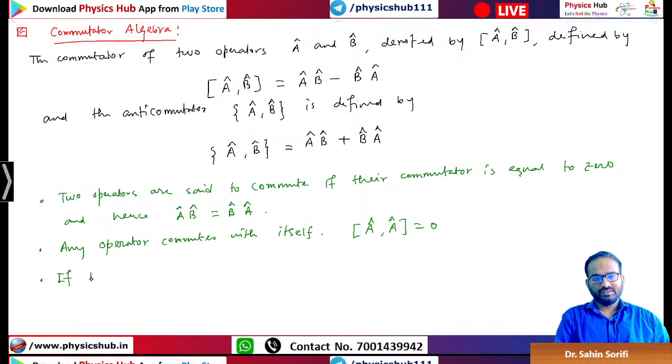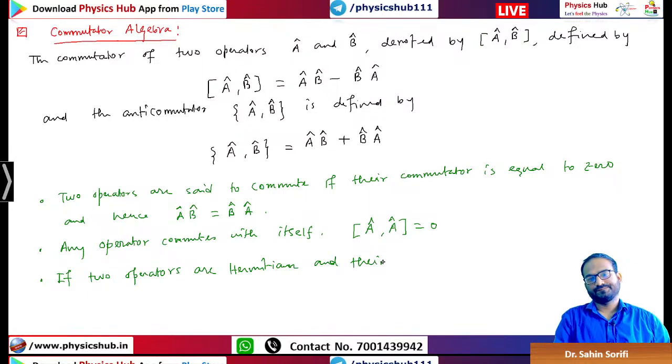Now you note that these bullet points are very important. If two operators are Hermitian, meaning the dagger is equal to that operator, and their product is also Hermitian, then these operators will commute.